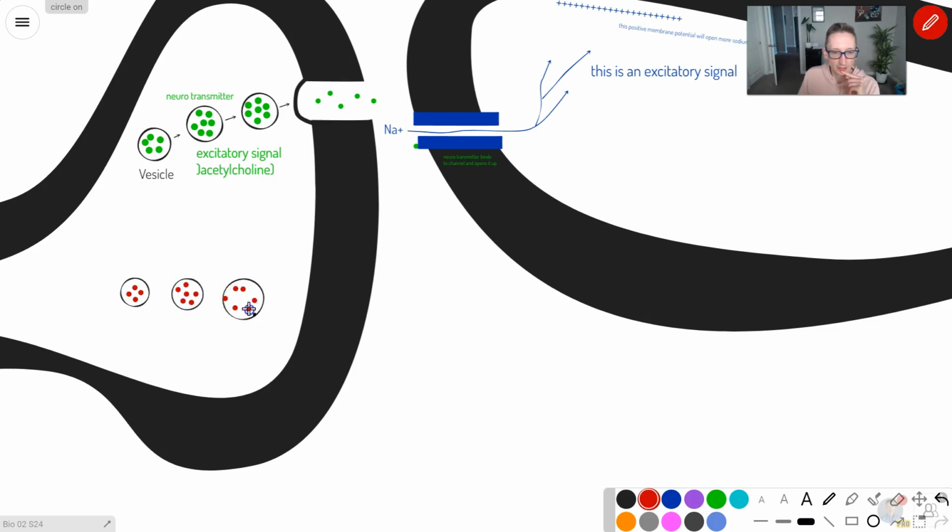This one would be, for example, GABA, an inhibitory neurotransmitter. It's going to fuse with the membrane here. So we've got our vesicle fusing with the membrane. It goes like this.